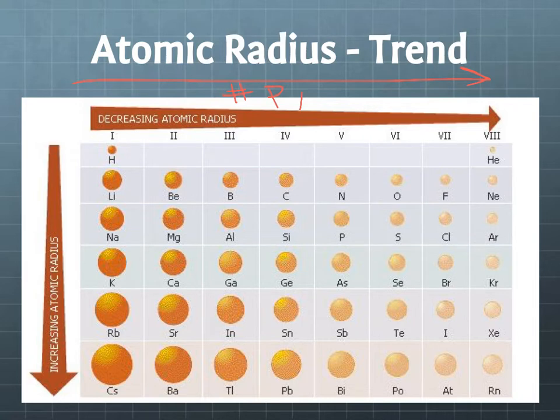Down a group, however, remember we have more protons, so that's exciting, but we also have more energy levels. So each time we add an energy level, we're increasing shielding and we're decreasing the attraction. Less attraction means larger atom.